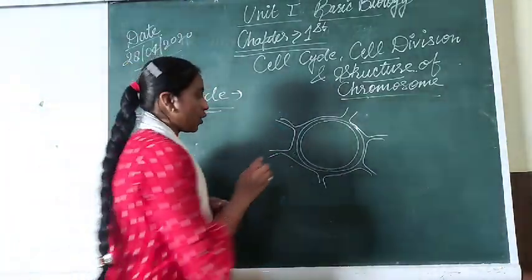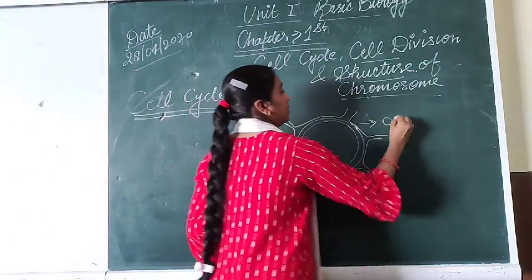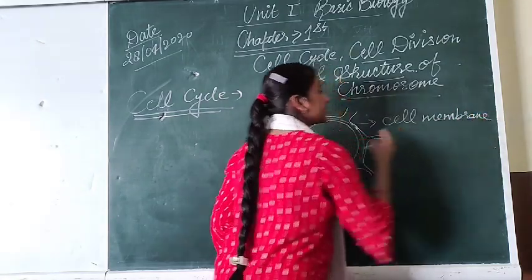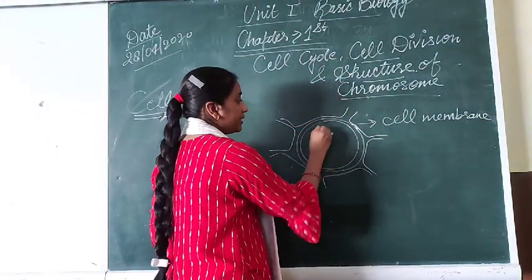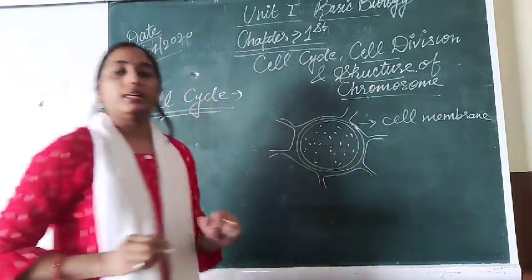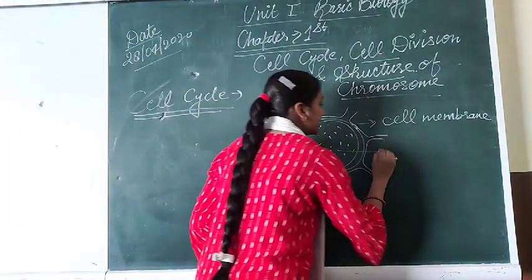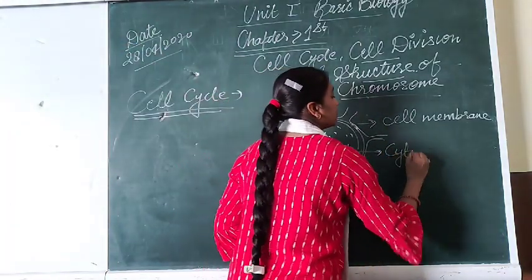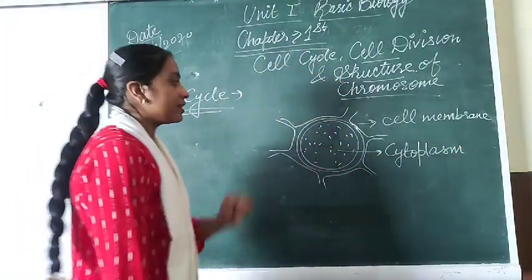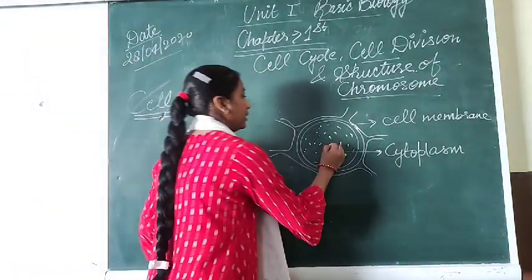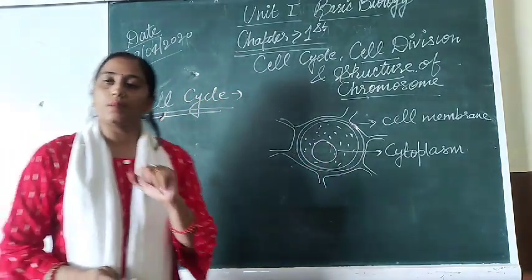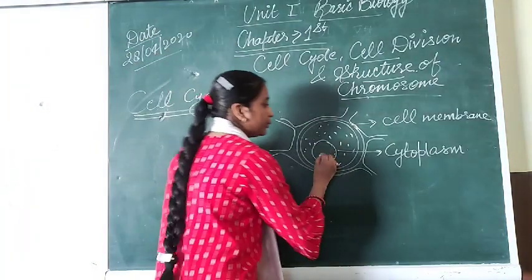We will have to focus on the cell membrane. Inside this cell membrane, there is a living matter called cytoplasm. And after that, inside this cell, there is another spherical body present called nucleus.